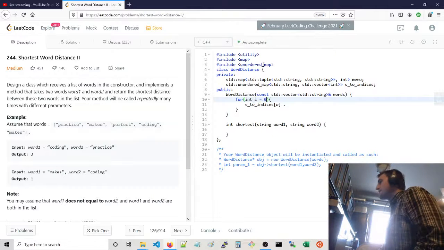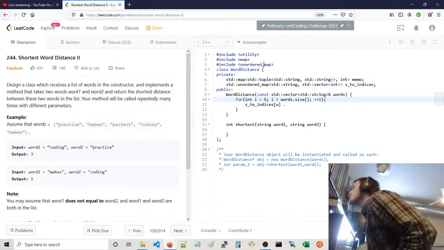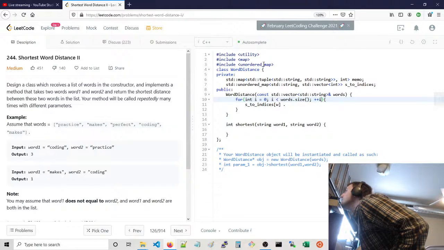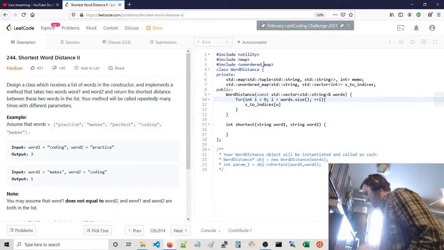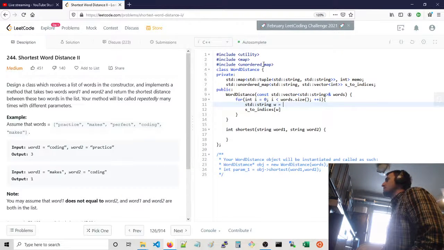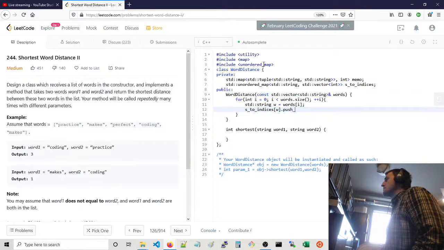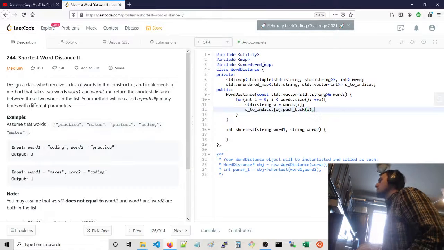Yeah, I equals 0, I is less than words dot size, increment I. Then we'll say string W equals words of I. Push back I.